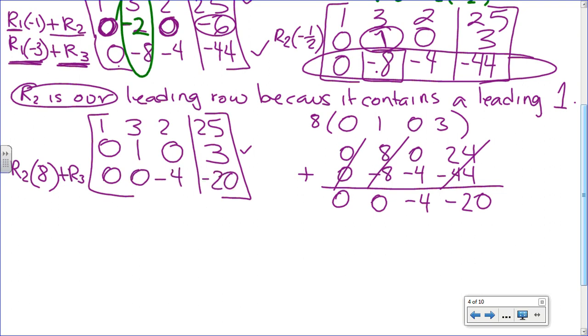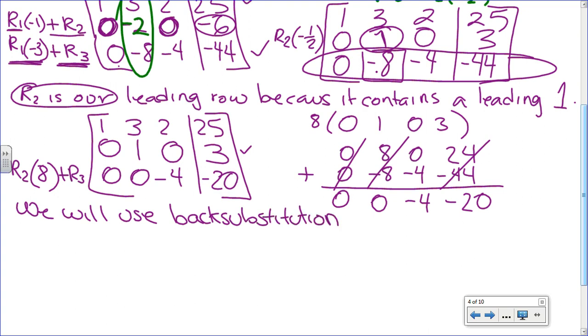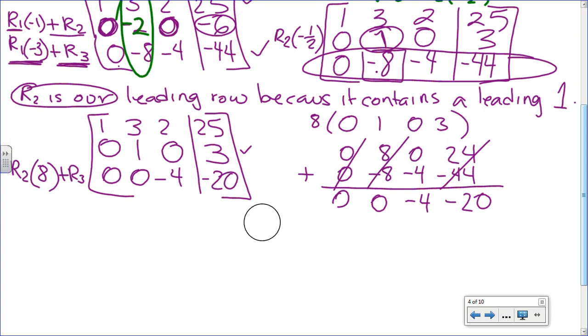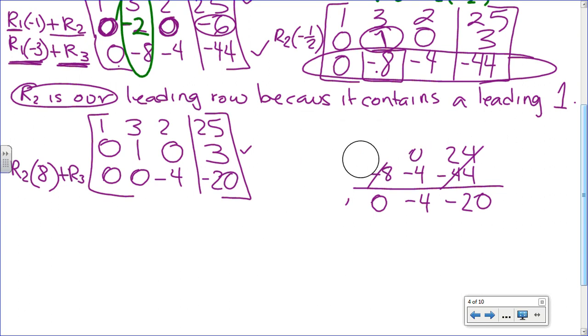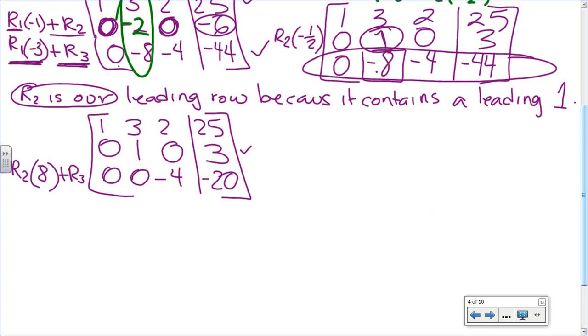At this point, we will use back-substitution. Oh, not really. What is left for us to do? You have to multiply the new row 3 by negative 1 over 4.